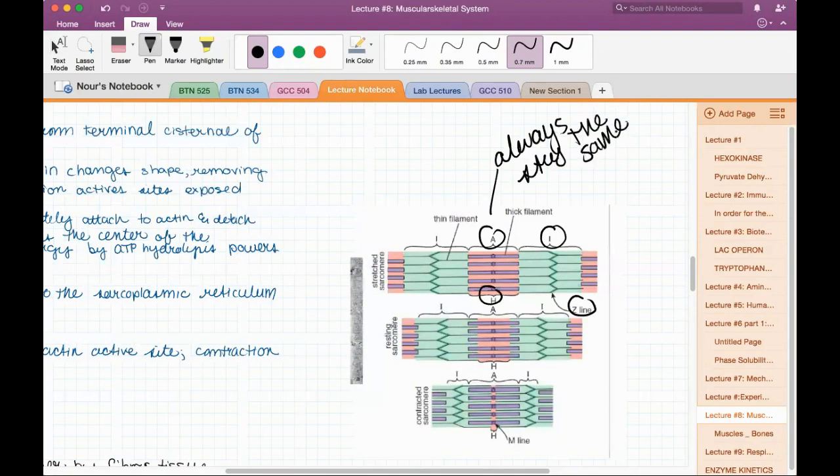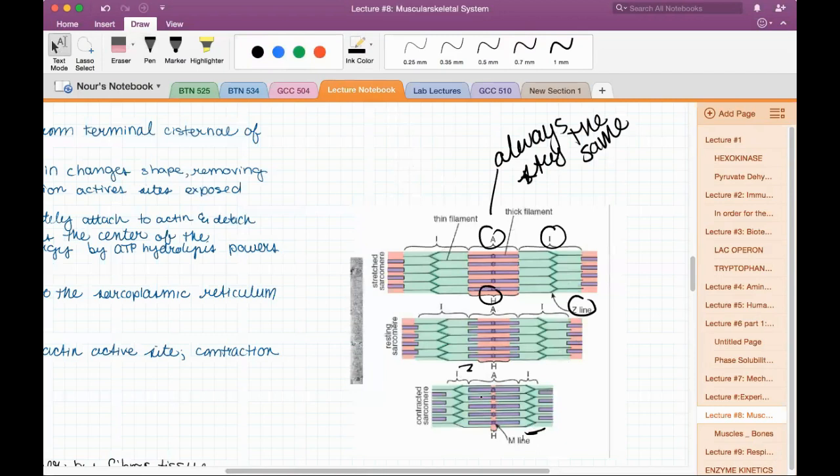And when a contraction occurs, the Z line is usually over here, and every time a contraction occurs, it gets closer and closer to the middle. And the I zone just gets shorter and shorter.